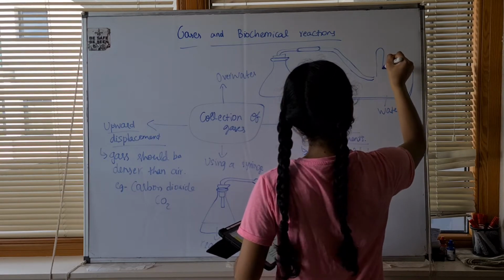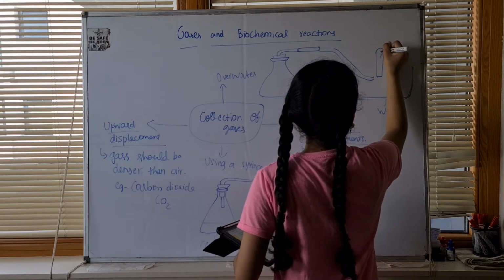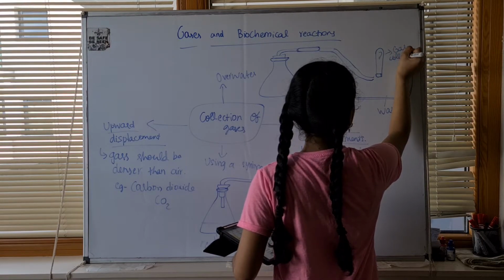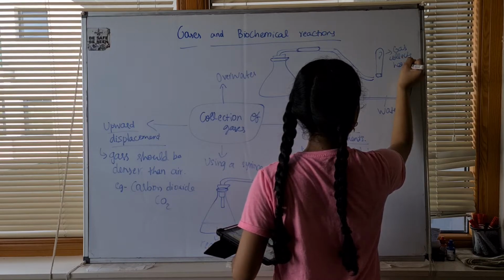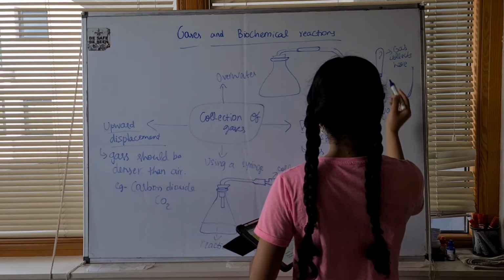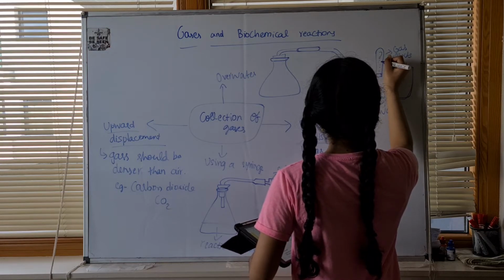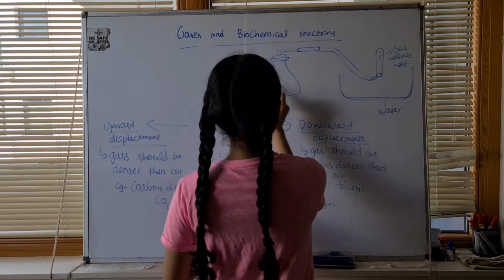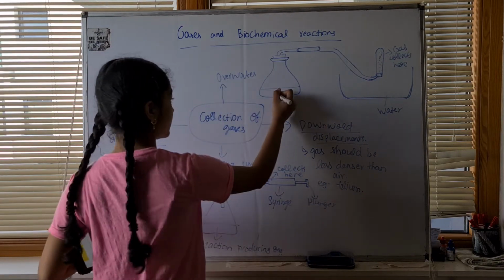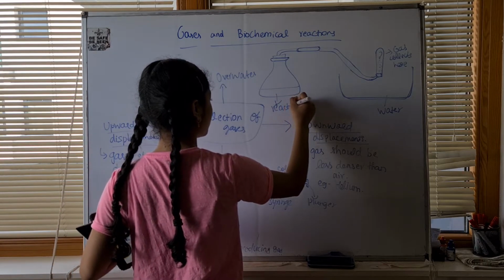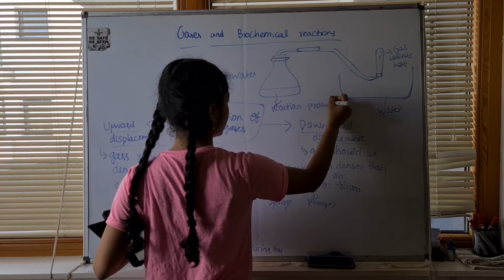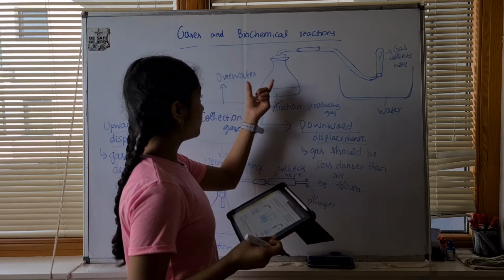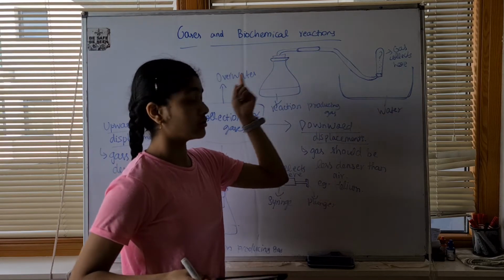This is a test tube. And this gas collects in this test tube. So gas collects here. And this tube is connected to this test tube. Here the reaction occurs, which produces gas. So here what happens is the gas will bubble through the water, pushing the water down and out of the test tube.